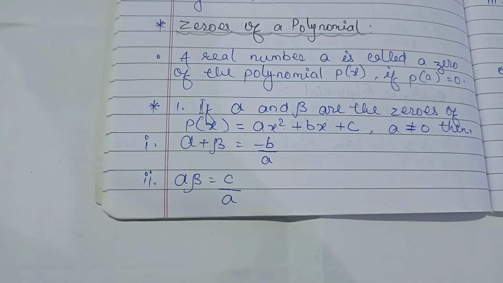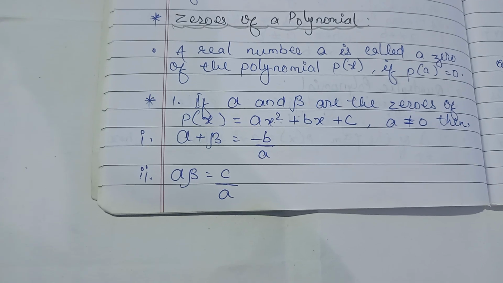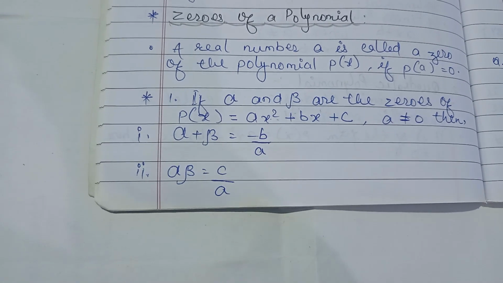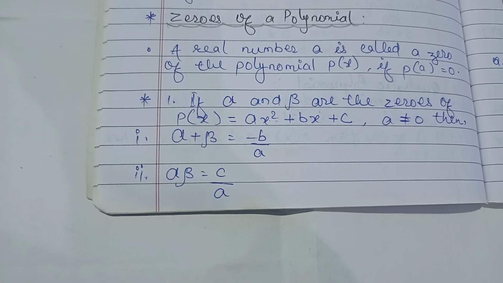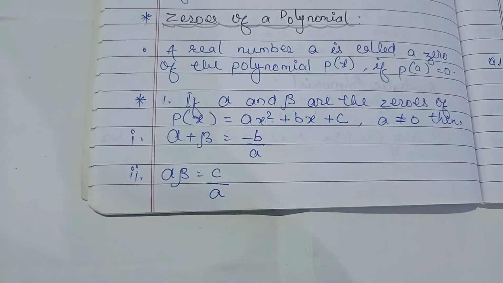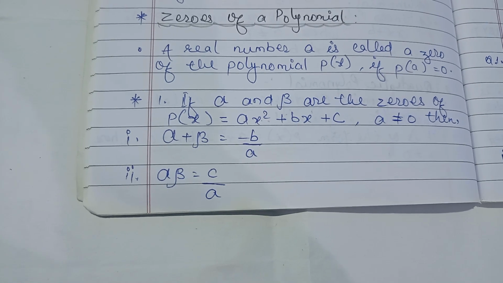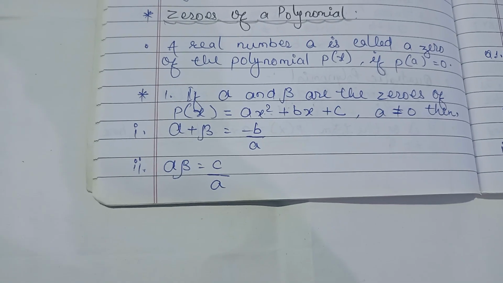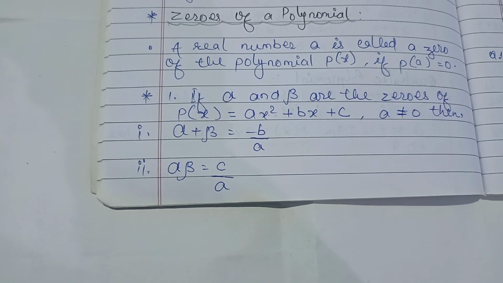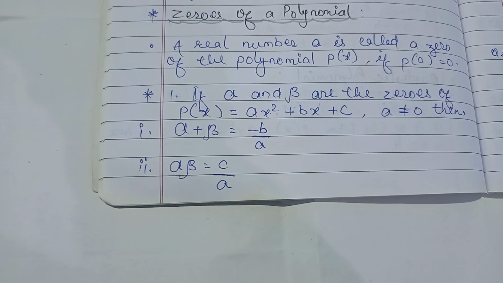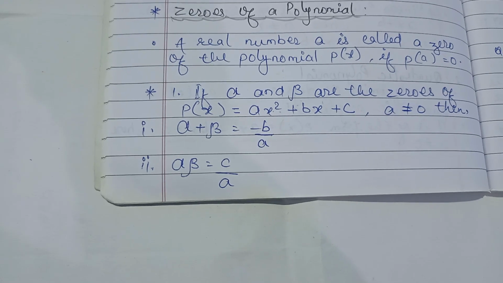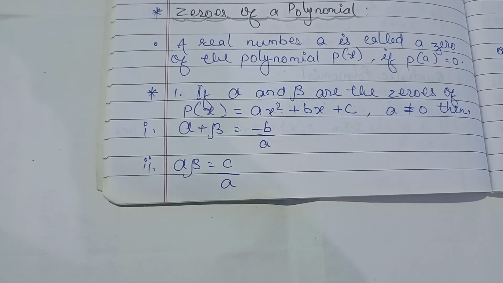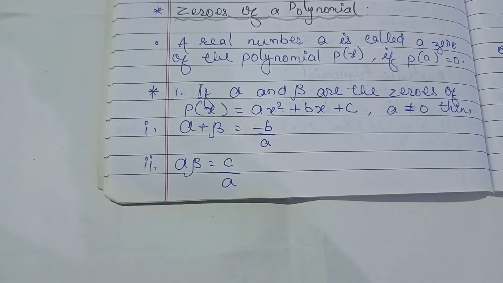In the first case, if alpha and beta are the zeros of p(x) = ax² + bx + c, where a is not equal to 0, then alpha plus beta is equal to minus b by a, and alpha into beta is equal to c by a.